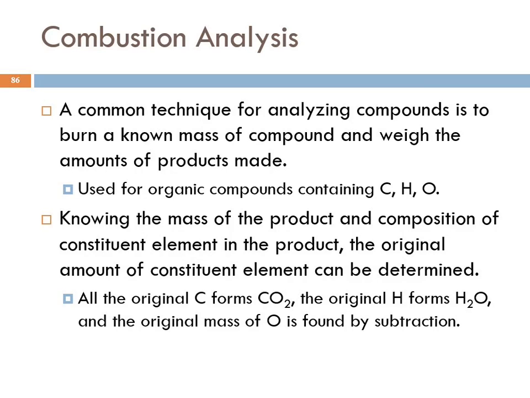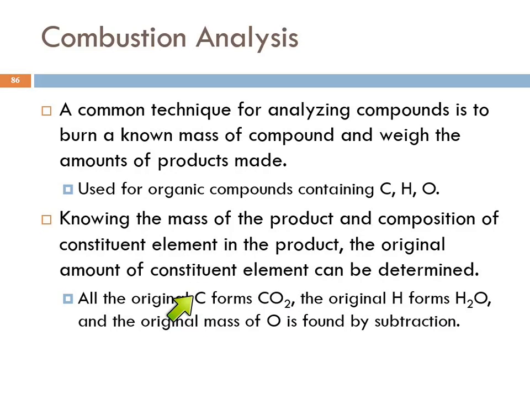A common technique for analyzing compounds, especially hydrocarbons and organic compounds, is to burn a known mass of the compound and weigh the products that are formed. The products that form when hydrocarbons burn are carbon dioxide and water.